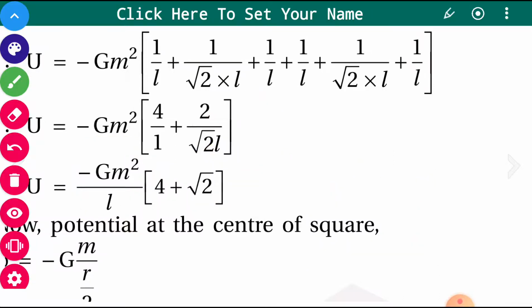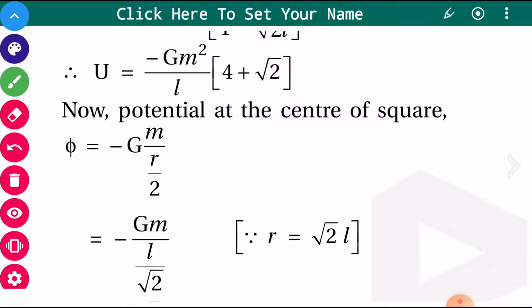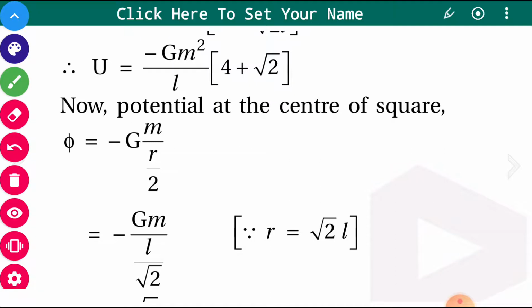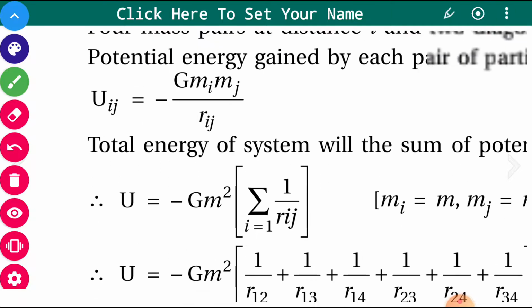Okay, now potential at the center of the square. Now try to understand the distance of the center from each vertex. Okay, the center is at what distance?